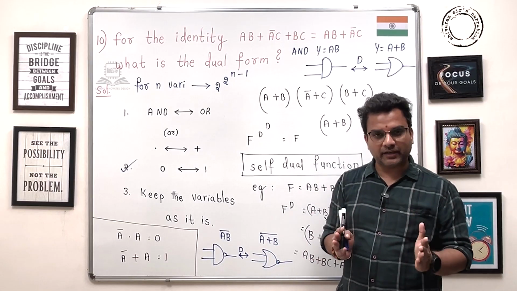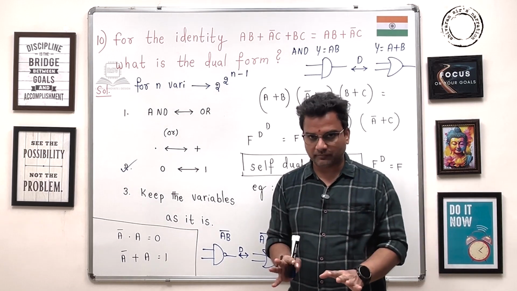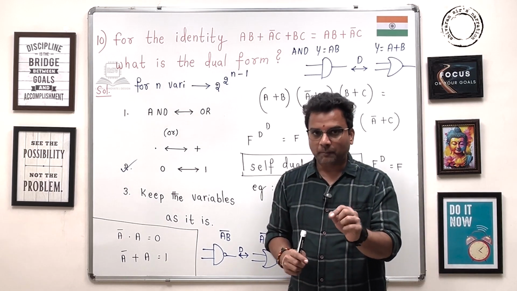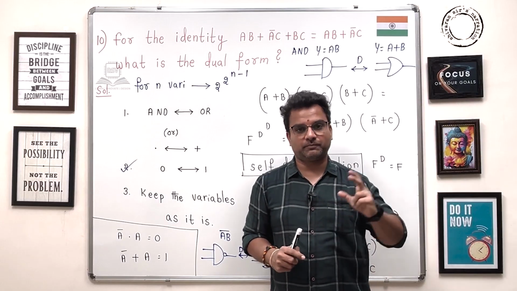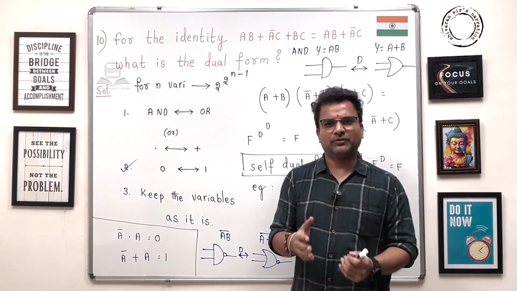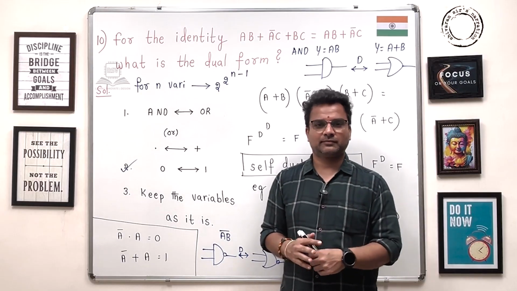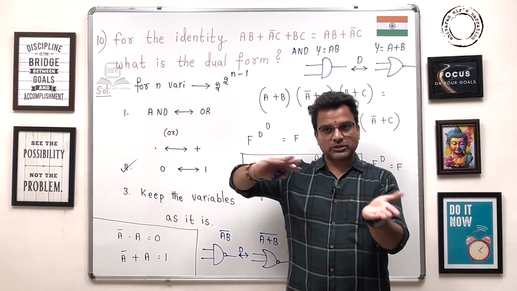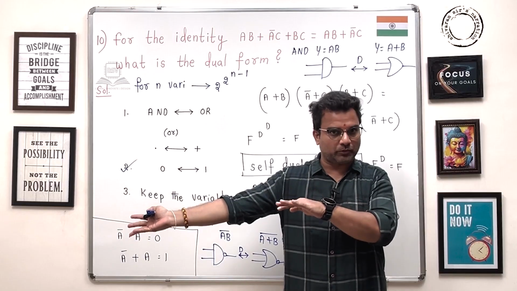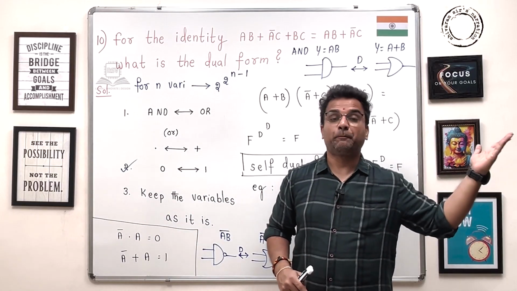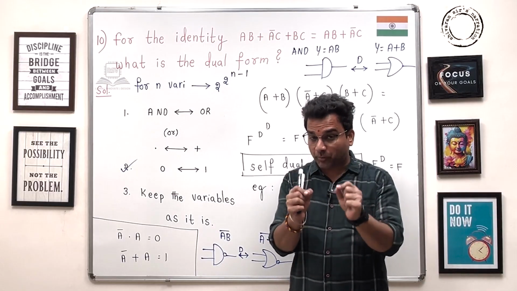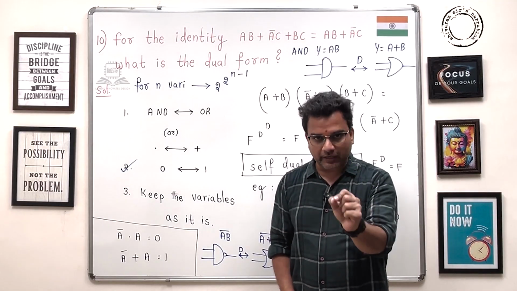Suppose your design is in terms of SOP, sum of product form, but the client is expecting the POS form, product of sum form. Then you apply duality. That's it. Therefore, this SOP, active high output, can be converted into active low output, which is POS. This is the importance of duality.